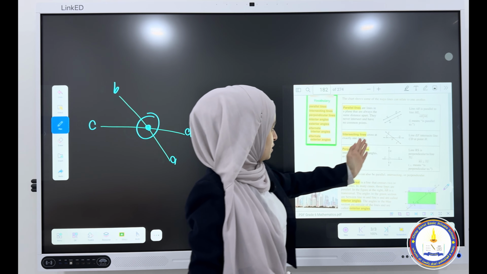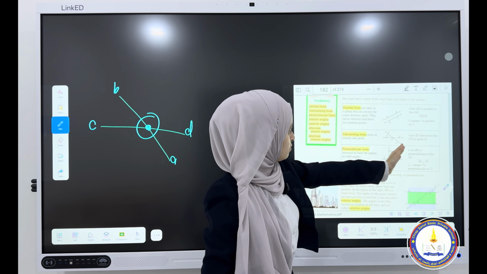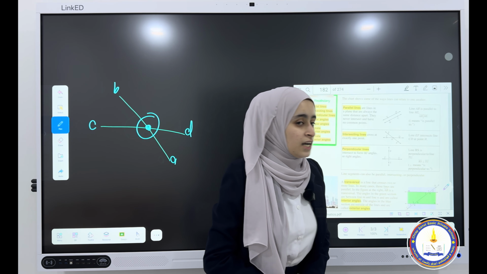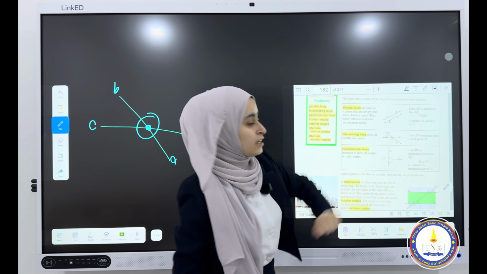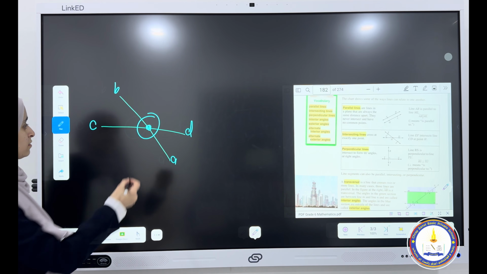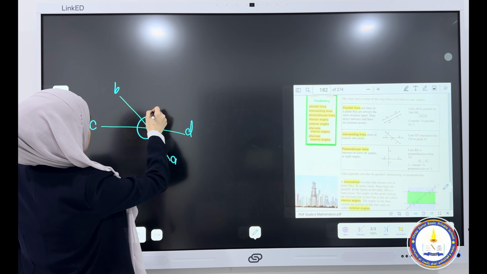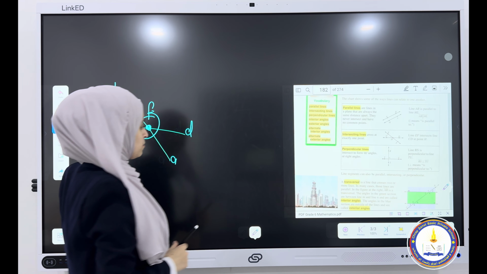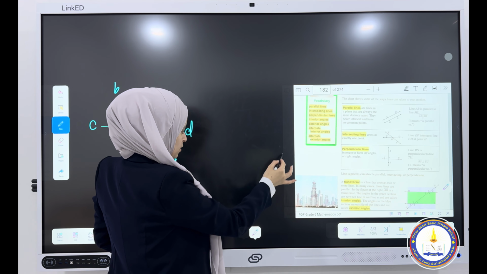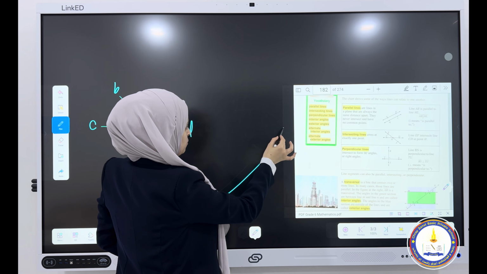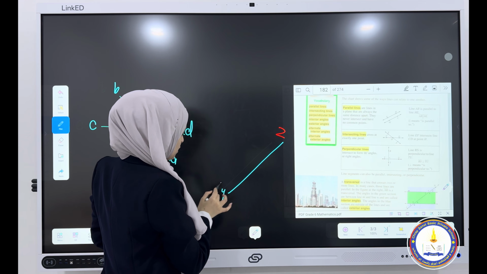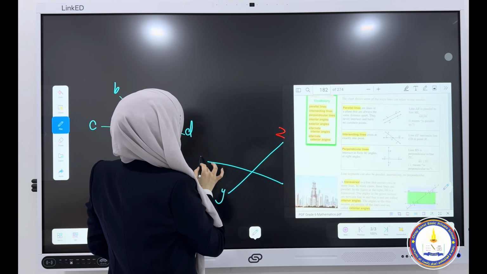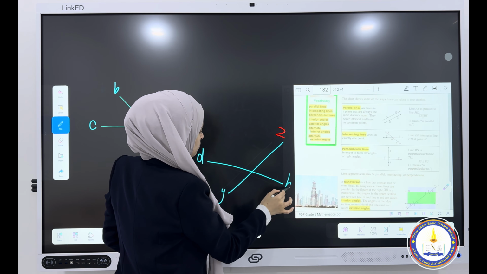And also we have it here, EF is intersecting DC. At which point? At point H. Let's write a letter here also. Let's say we have F. Or one more example. Let's say we have ZY intersecting DB.